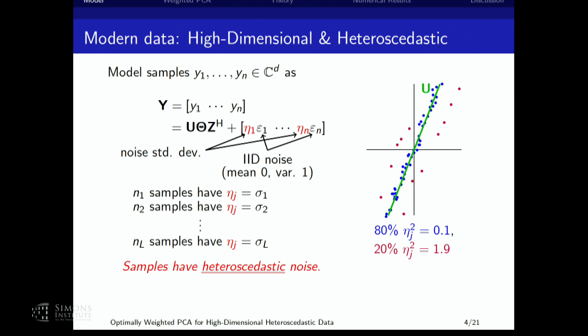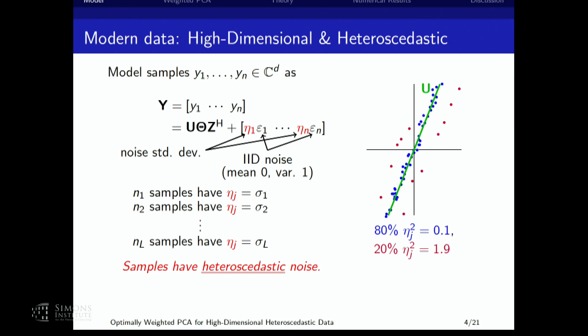Then we have additive noise, where we think of each noise vector as being IID with mean 0 and variance 1, but then the standard deviation can be different from column to column.